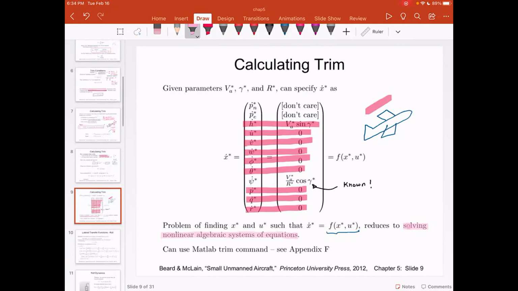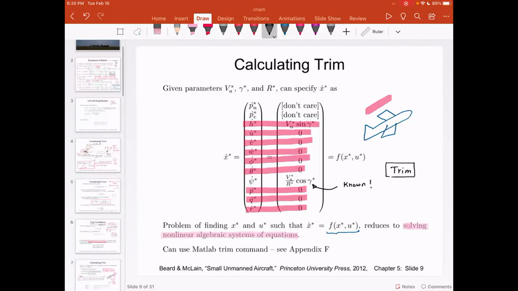So before I proceed to the next slide, I just want to make sure that everyone understood what we mean by trim. The idea is you have the set of equations derived already.